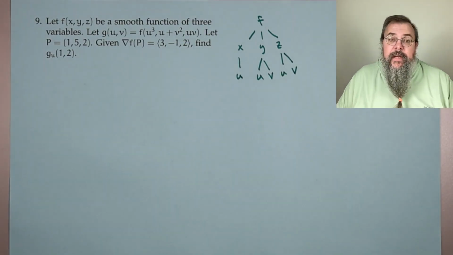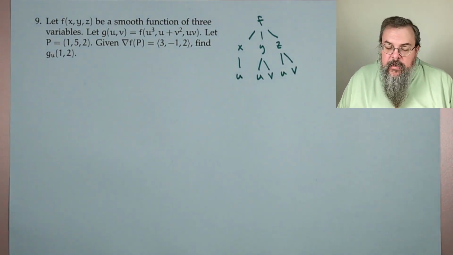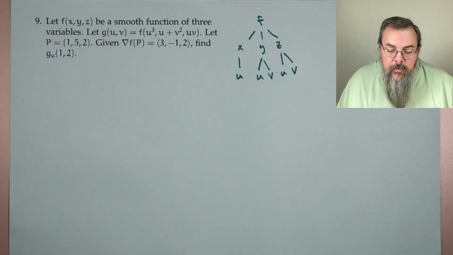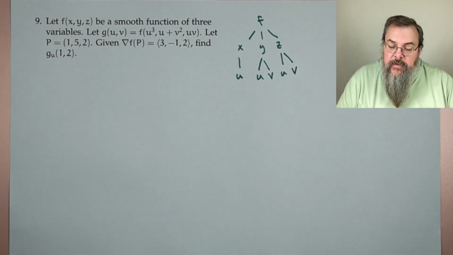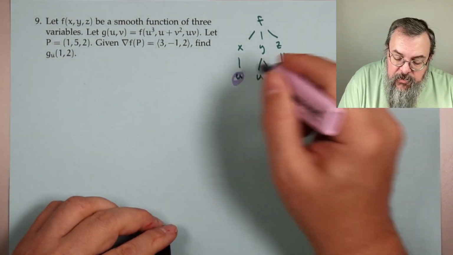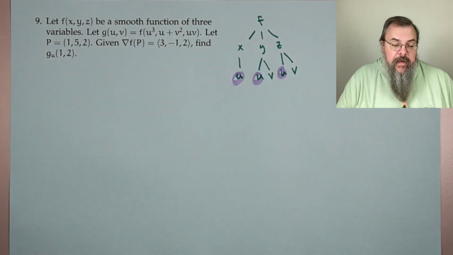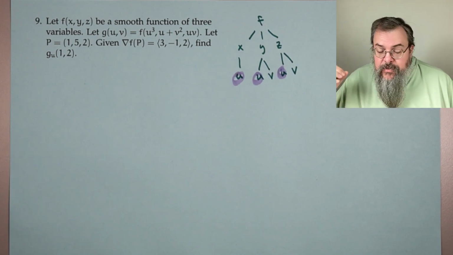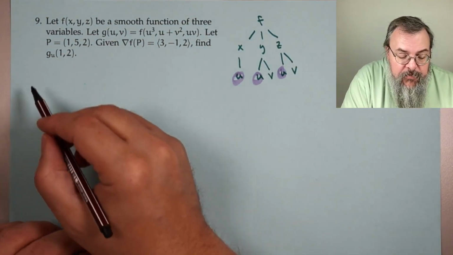All right, so we have this nice chain here. And okay, well, what do we want? We want to find g sub u. And we say, well, hey, there's 3 u's, so we're going to have a lot of work to do ahead of us.